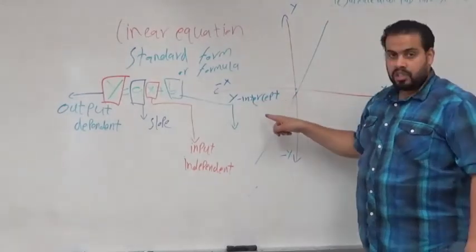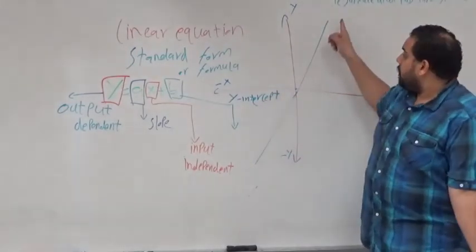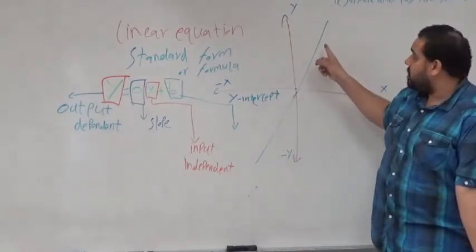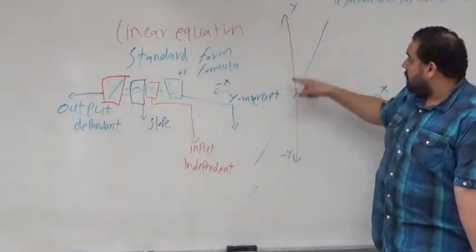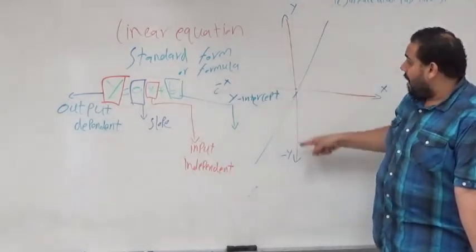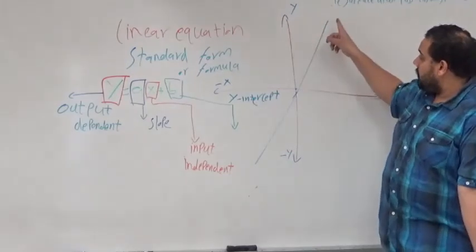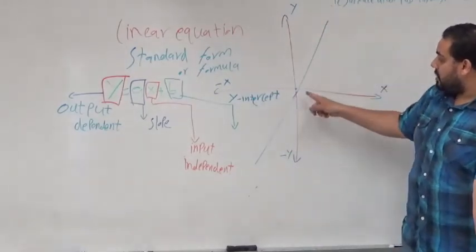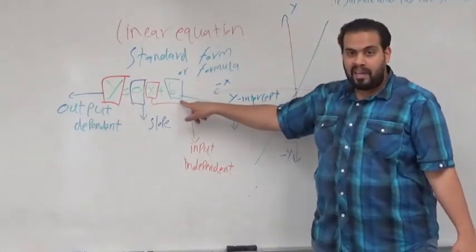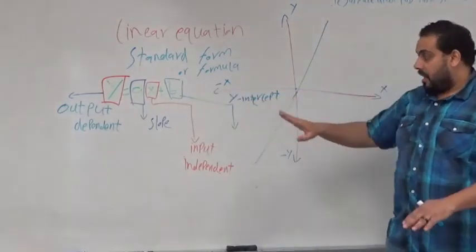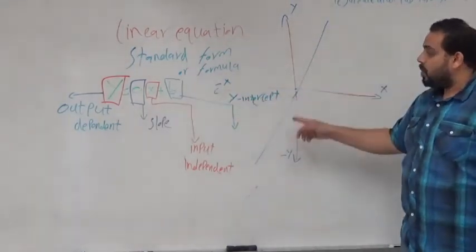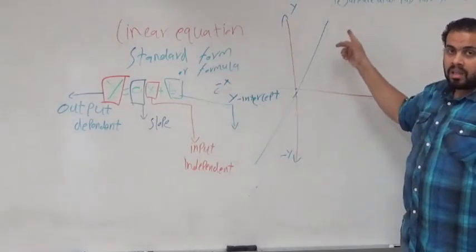So the y-intercept, when I graph or draw my line for the linear equation, will cut the y-axis, this vertical line here, at a point. This is a point. So when I see an equation with a number by itself in this standard form, that means this is where the line will cut the y-axis.